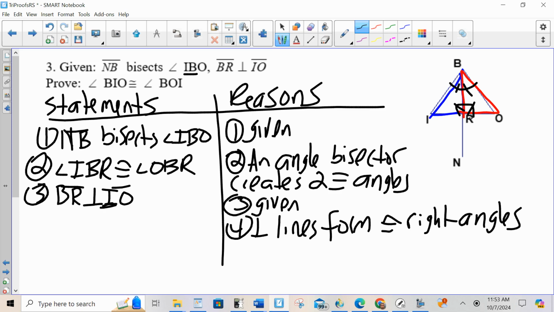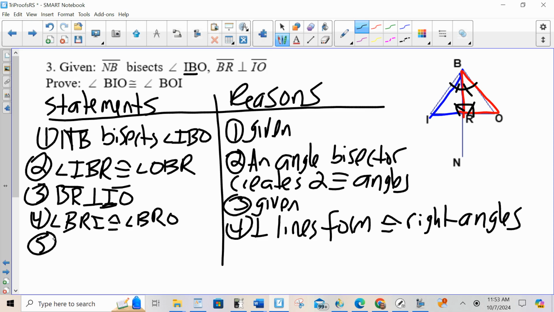There are my congruent right angles. Angle BRI is congruent to angle BRO. Now I have two pairs of things congruent. I need three. I'm out of givens, so I move on to my additional tools.